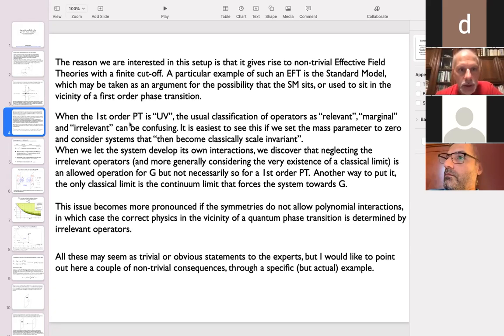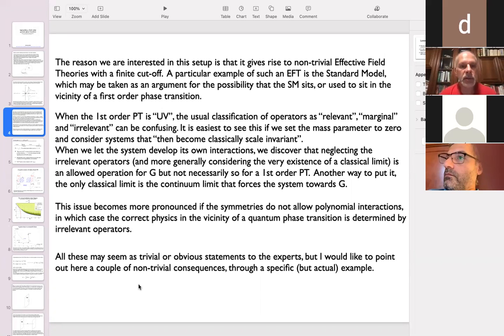Now, when the phase transition is first order, sometimes this can be a very confusing classification. For example, take the mass parameter in a theory to 0 and consider systems that then become classically scale invariant.